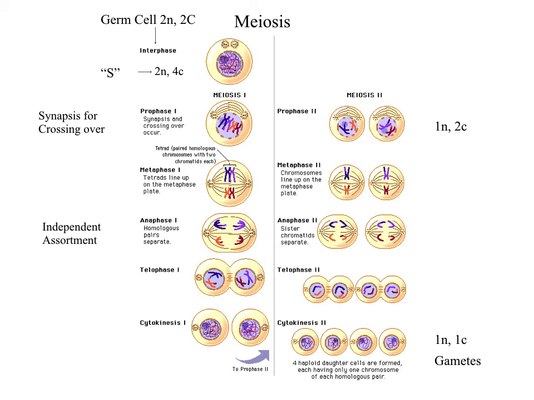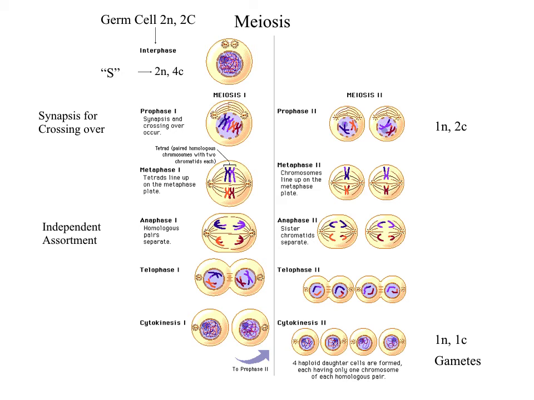And then at metaphase, the tetrads, or the bivalents, will line up on the metaphase plate. The separate homologs, the parental homologs, maternal or paternally derived, will then go to their separate poles at anaphase. And they are completely separated at telophase, and we have cytokinesis 1.